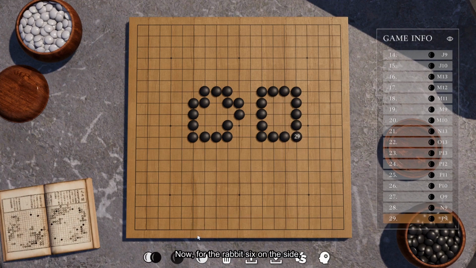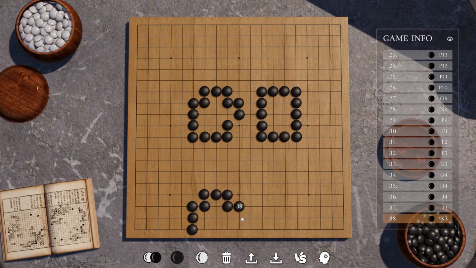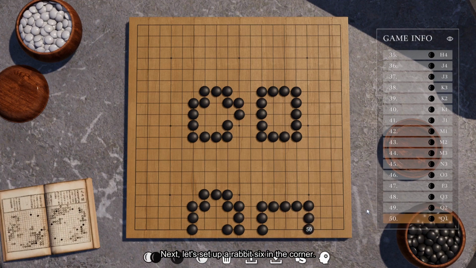Now, for the rabbit 6 on the side. And the rectangular 6 on the side. Next, let's set up a rabbit 6 in the corner.